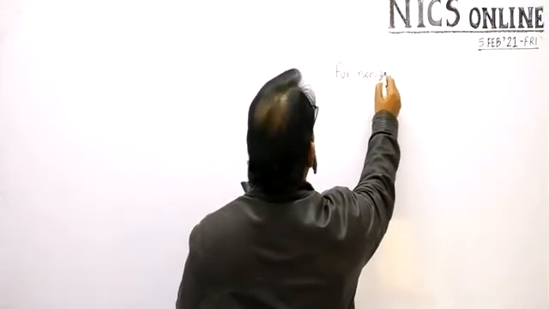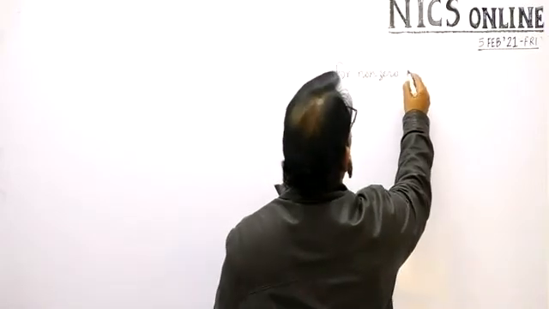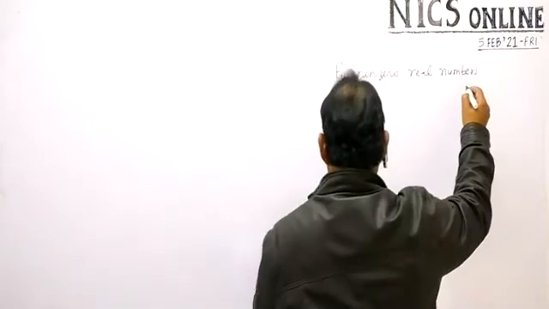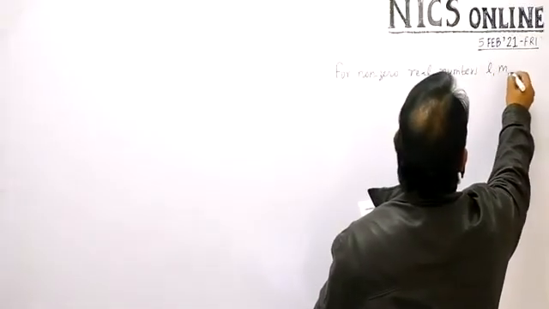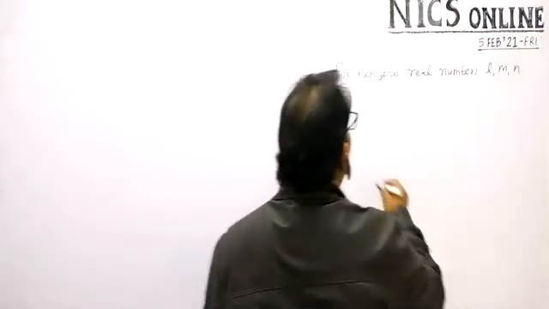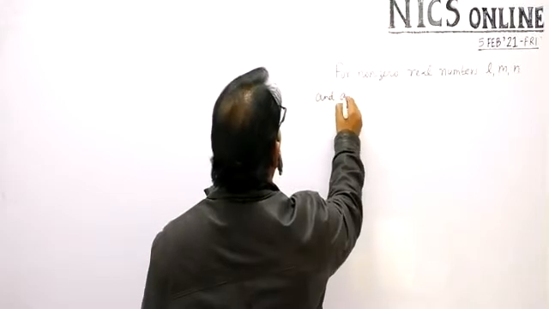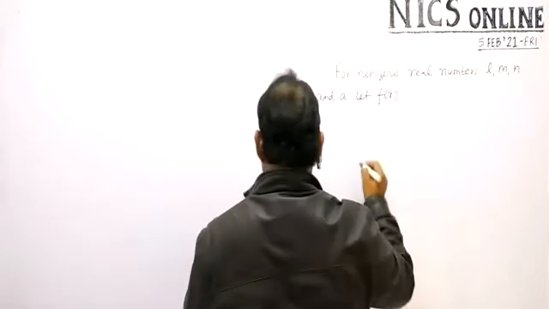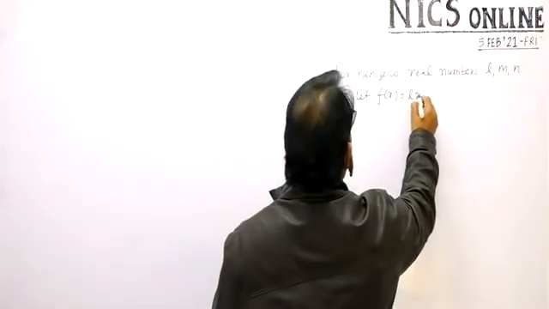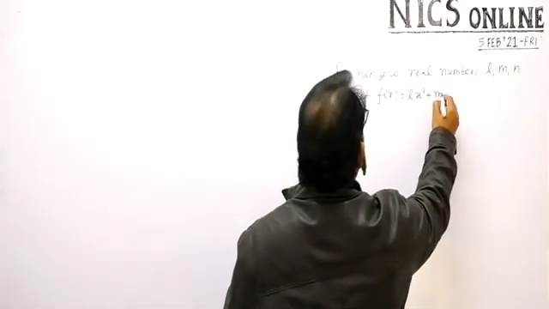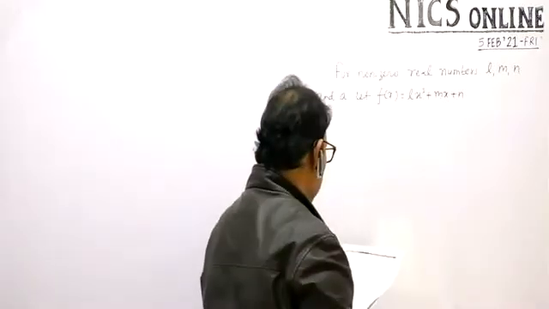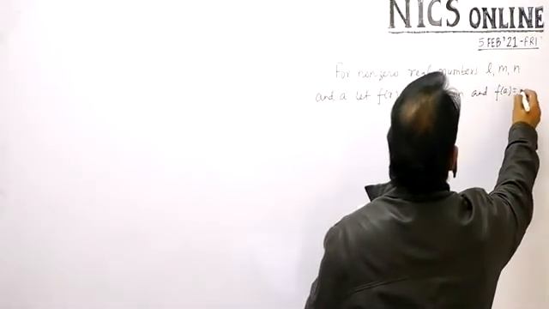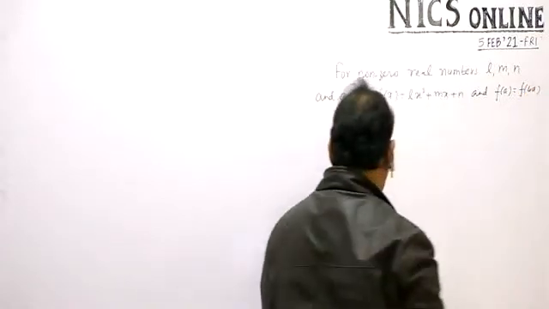Or zero, real numbers L, M, N, and A. Let f(x) equals Lx cube plus mx plus n be a function given to us, and f of a is equal to f of 4a.